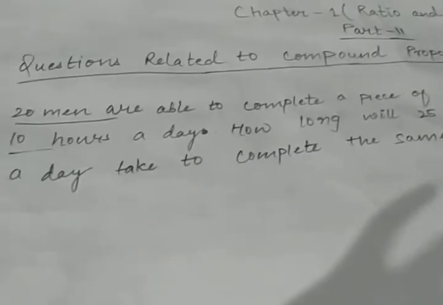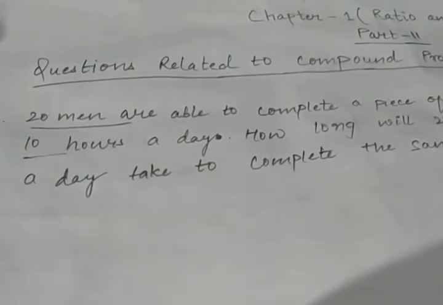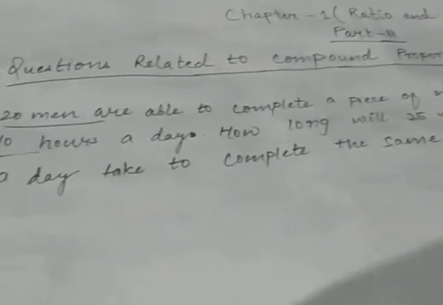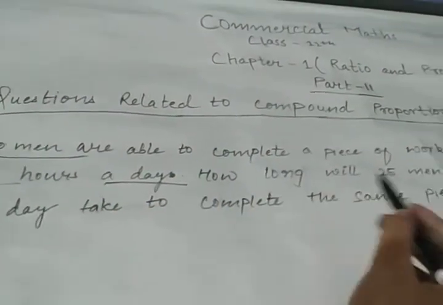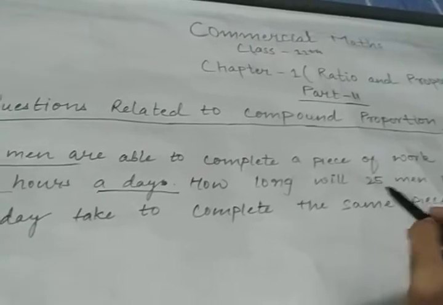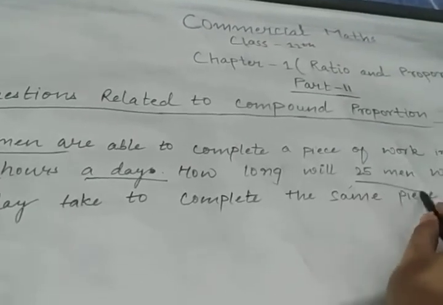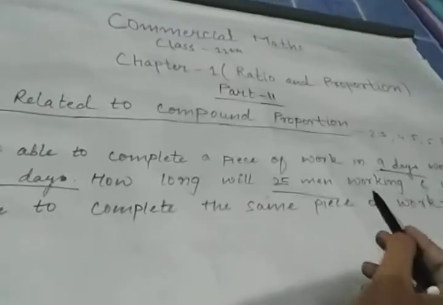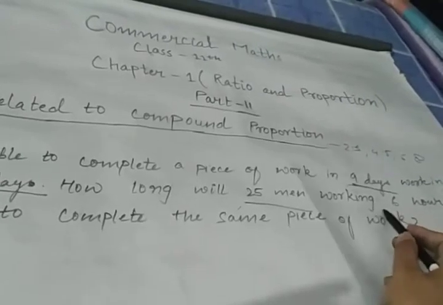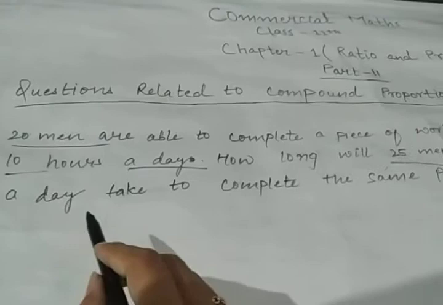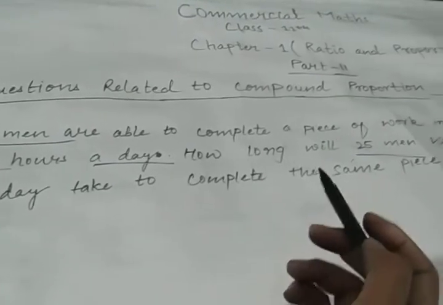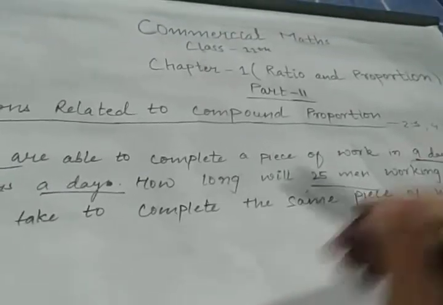In this question, 20 men complete their work in 9 days, working 10 hours in a single day. The number of men is increased from 20 to 25 and the working hours are decreased from 10 to 6 hours a day. We have to find the number of days.